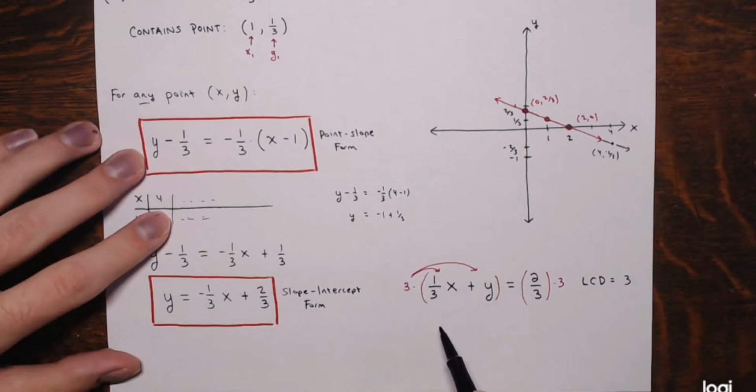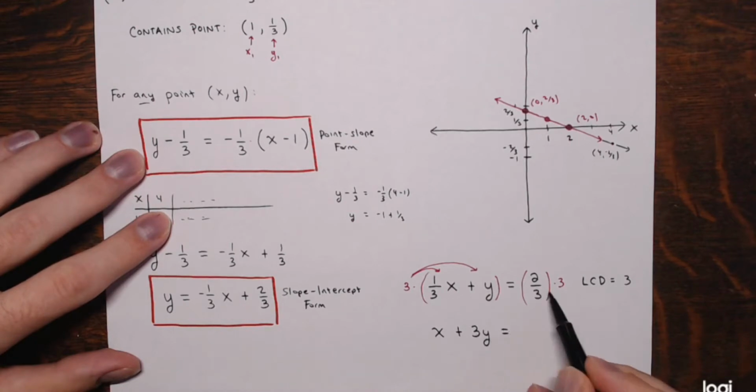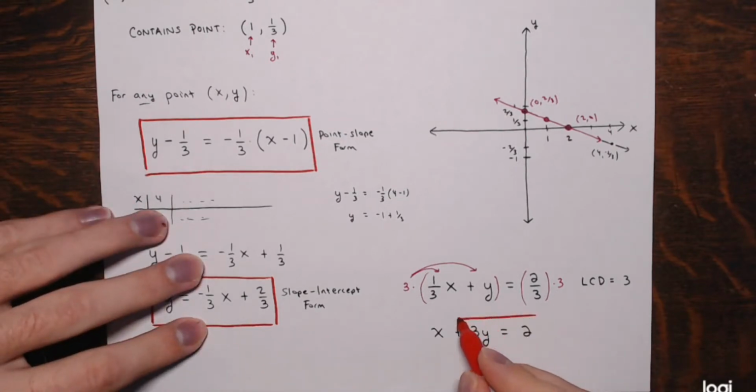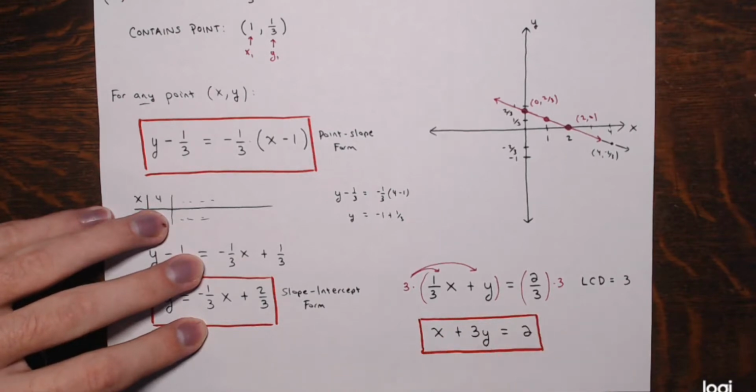So first you got x plus, and then 3 times y is 3y equals, and then 2/3 times 3. The 3s cancel, you're left with 2. All right, and then there you go. This is what they want. They want all these coefficients, all these numbers a, b, and c. Ax plus by equals c. They want a, b, and c to be integers if possible.